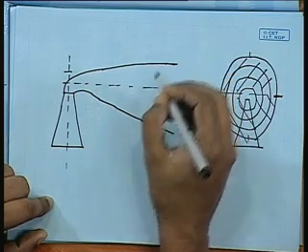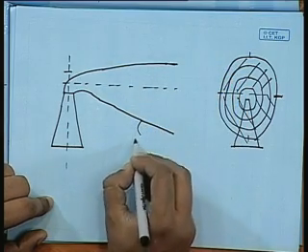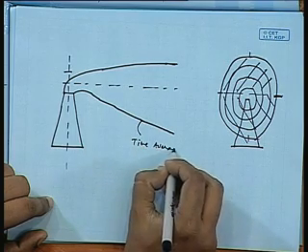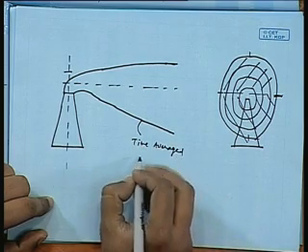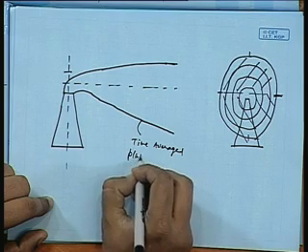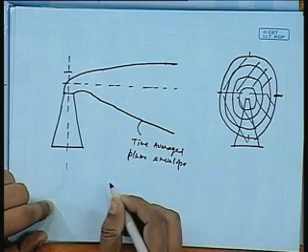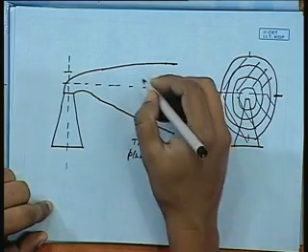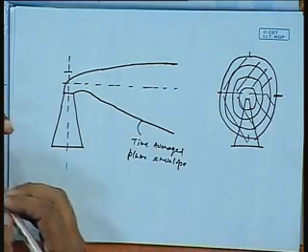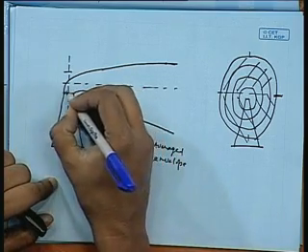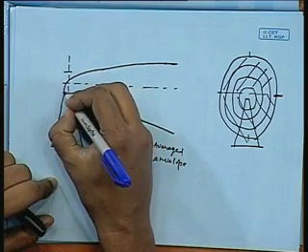This is known as the time averaged plume envelope. The instantaneous plume would not be quite like this.